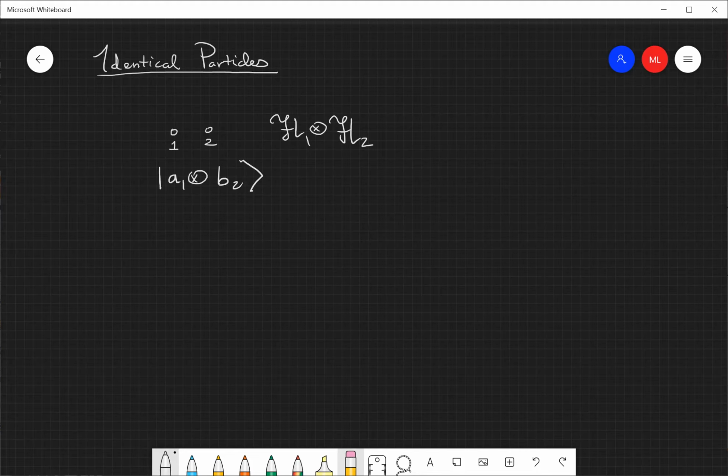So if you have some state of these two particles, they're identical, some state psi, which is an element of this space, and it could in general be some entangled state, then if you measure the states of the particles individually and ask, is particle 1 in state A or B, then you can, of course, assign to that a probability.